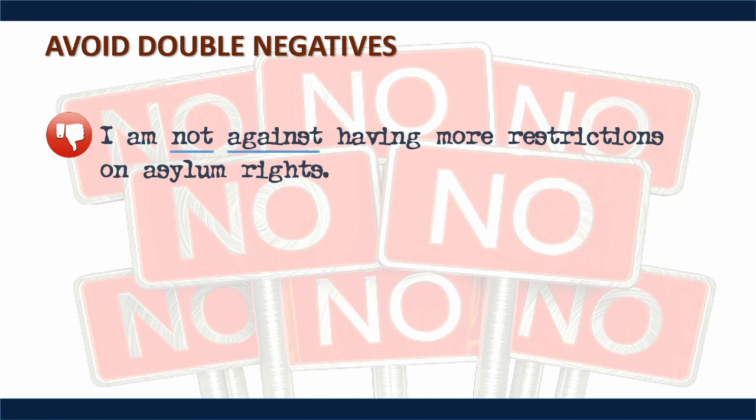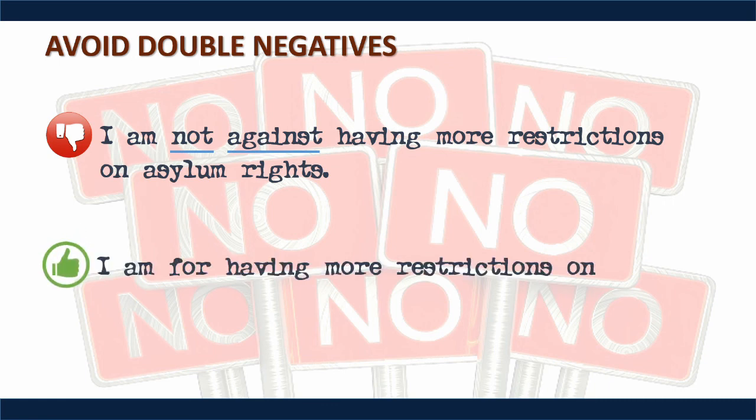This is especially true when the respondents have to consume the meaning of this item and then respond on a scale from strongly disagree all the way to strongly agree. Instead, it's much clearer to take out the double negative and phrase the item as, "I am for" or "I support having more restrictions on asylum rights."